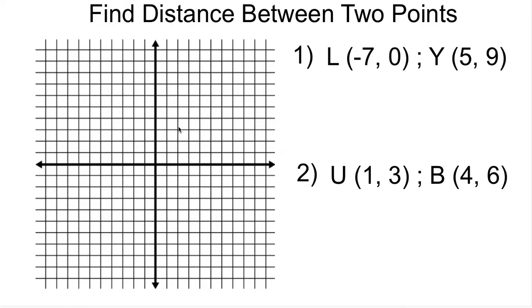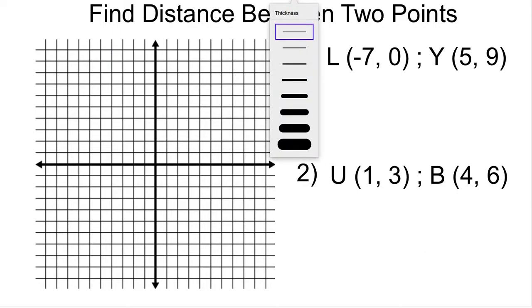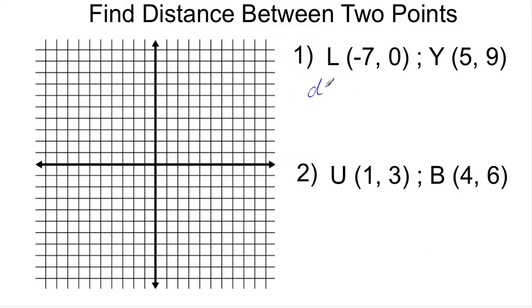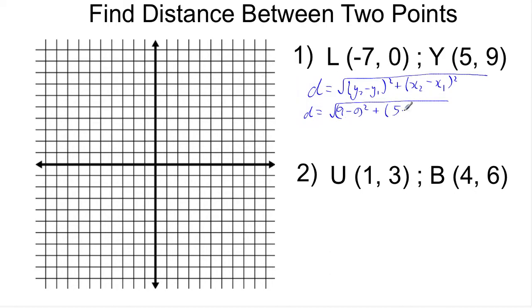So if we want to find the distance between these 2 points, we could also do that. So I'm going to do that here. And so distance is the change in the y values, so y2 minus y1 squared plus x2 minus x1 squared. So distance is going to be equal to 9 minus 0 squared plus 5 minus negative 7 squared.